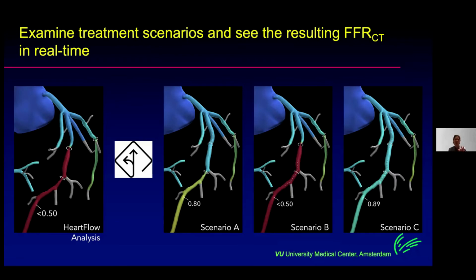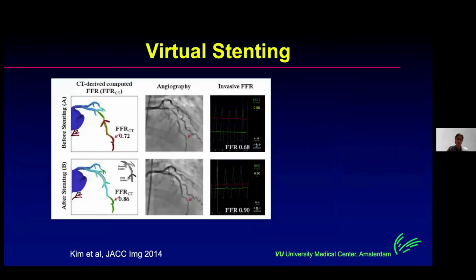So this is actually where we're going right now, from just having a CT and having obstructive coronary disease and sending your patient to the cath lab. No, sending your patients to the cath lab and saying whether they have obstructive disease or not is not relevant, but if you place a stent, that's relevant.